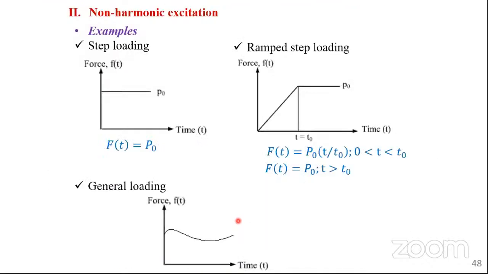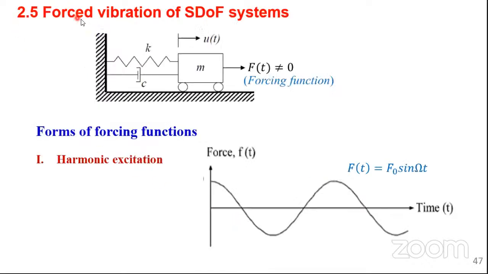Now, for us to study forced vibration, we are limiting ourselves to those forcing functions that can be expressed as a function of time. That's why we are not going to non-deterministic or stochastic loading. That one we are going to look at towards the end, when we look at the introduction to earthquake engineering. So stay tuned with us for more learning on the same.